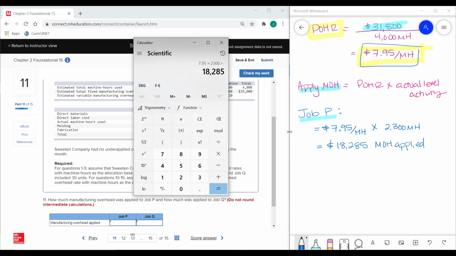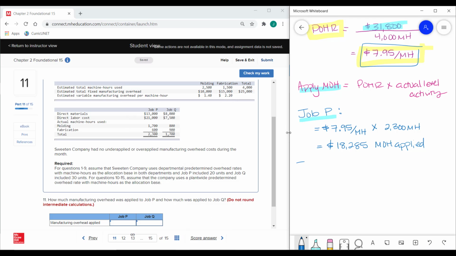Now we will do the same to job Q. We'll take that POR once again of $7.95 and multiply it by the amount of machine hours that job Q actually used in the month of March to reach completion.